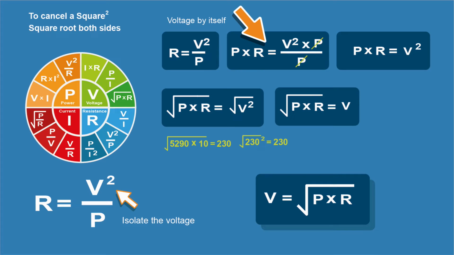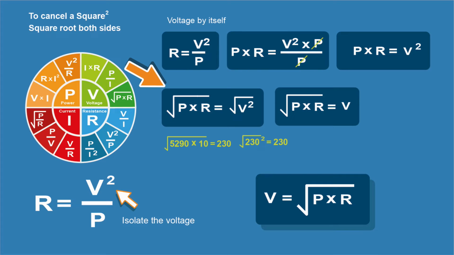So it's a division. We want to get voltage by itself. So we times both sides by P. That cancels out the P on the right hand side. And we've got P times R on the left hand side. So we've got P times R equals V squared. Now we want to get voltage by itself. To get rid of the square, we square root. What you do on one side, you do on the other.